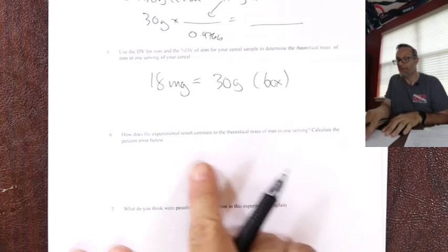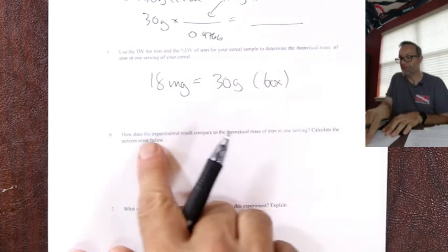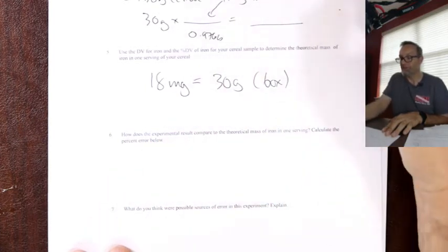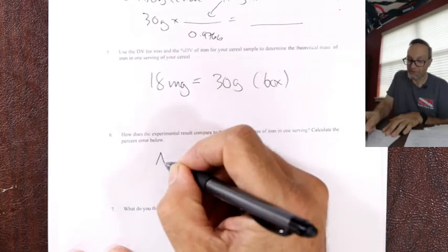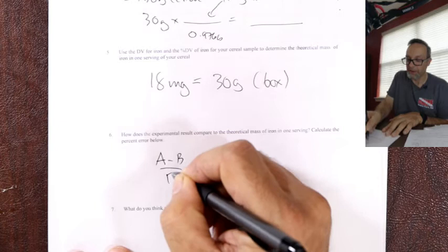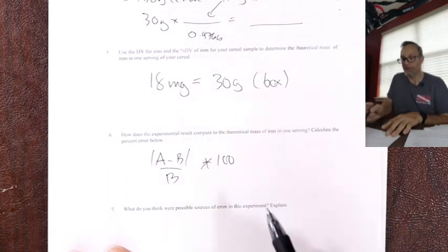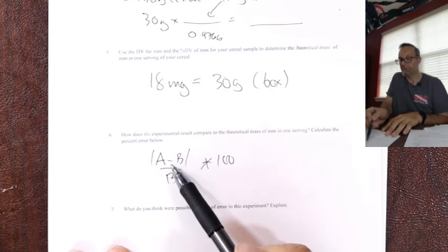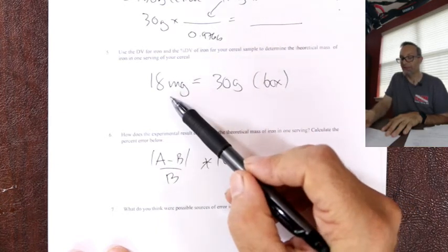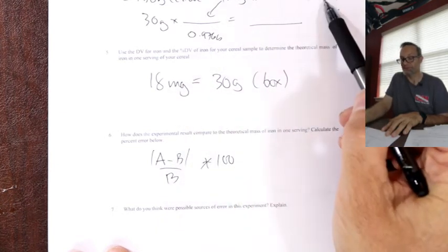Then how does your experimental value compare to the theoretical? Maybe you got 17 up here. If you do a comparison, it's A minus B over B times 100, times 100 for a percent. So it's the difference between yours and 18. So say you got 17 here.